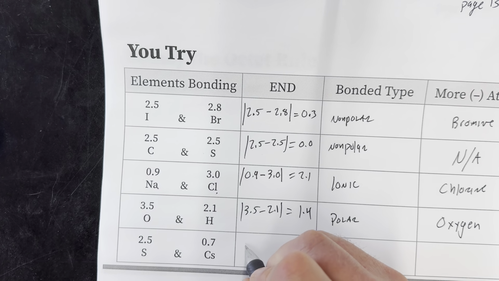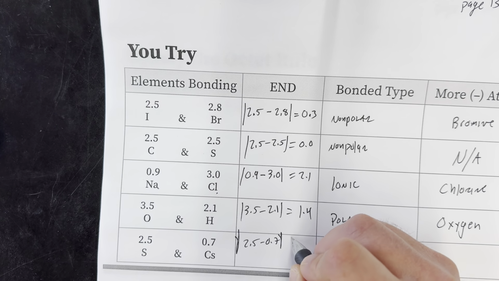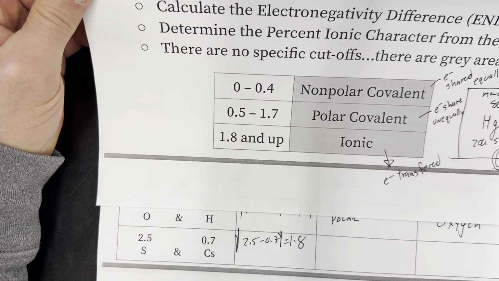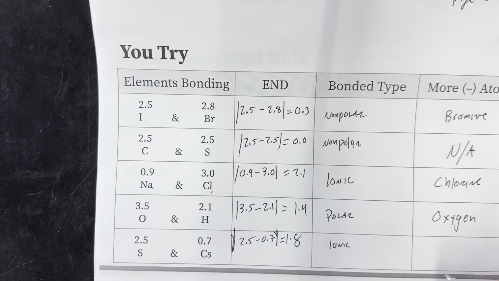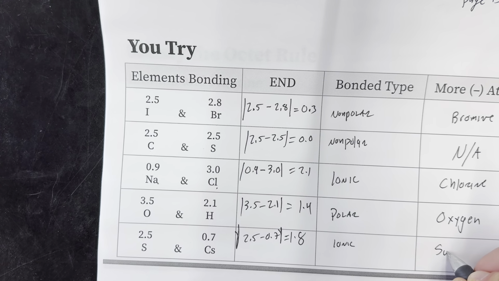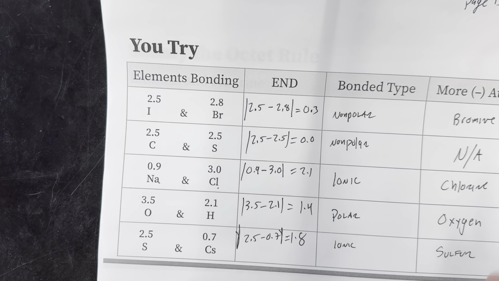And lastly, we have 2.5 minus 0.7, which I believe is 1.8. This falls right on that line, 1.8, so this is going to be ionic. And again, the larger electronegativity value is 2.5, so it's going to be sulfur. Okay, so you should be able to use the periodic table to help you come up with these values. Again, they're in the lower right-hand corner, and then you should be able to answer questions like what type of bond is present.